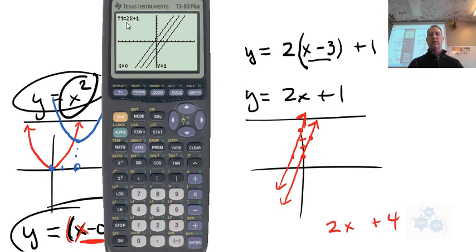So if you hit trace, you'll see a blinking cursor and then the equation that it's actually on. And so that's the original. If I go over one, or maybe I should go, there we go. This next line right here is this one. So when I put the bracket out there, does that move this over 3 units? It looks like it moves over maybe closer to 1 unit.